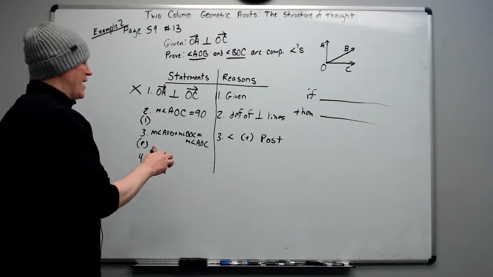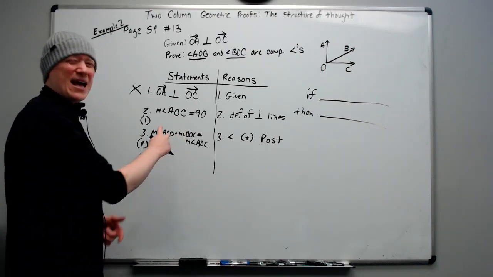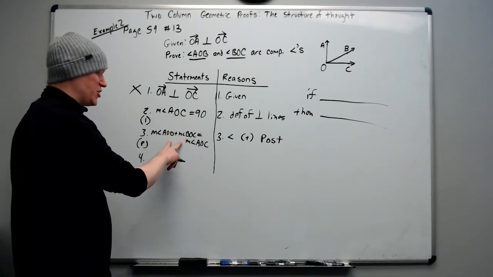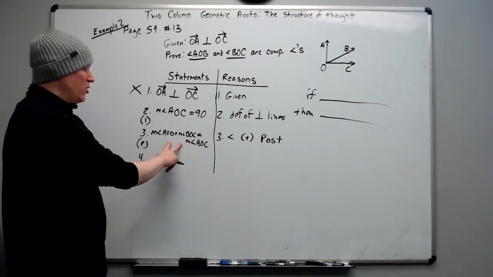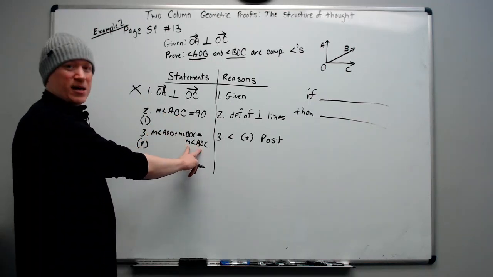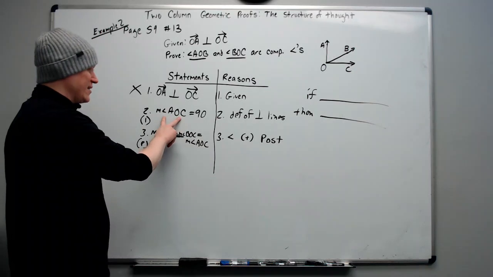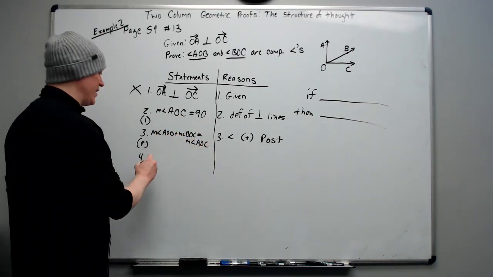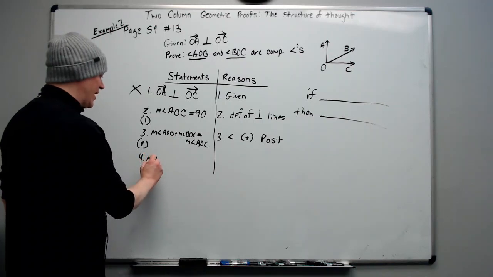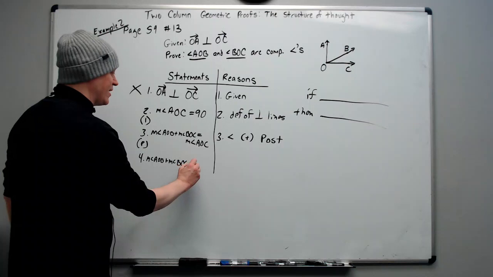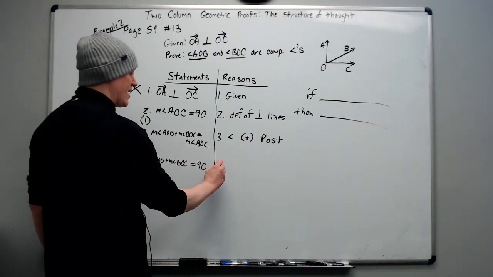So now we want to look at this and ask ourselves, is there anything I can combine with this piece of information and this piece of information? Well, this talks about measure of angle AOC, and this talks about measure of angle AOC. And since this is 90, I can just replace this with 90. So it's measure of angle AOB plus the measure of angle BOC is equal to 90.